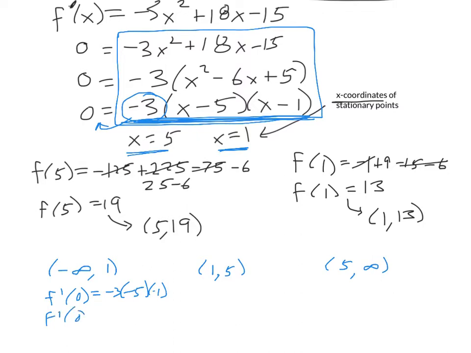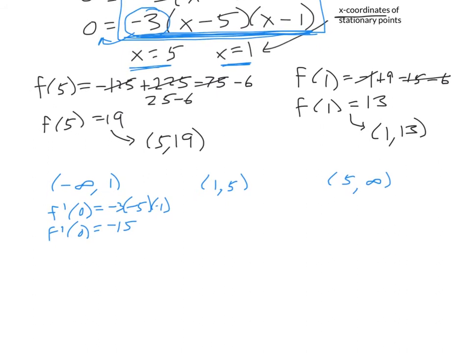That means f prime of 0 is negative 15. Remember, it doesn't actually matter that it's 15. It only matters that it's positive or negative. And remember what this means. The derivative is negative. So since the derivative is negative, what does that mean about the original function? It means the original function must be decreasing.